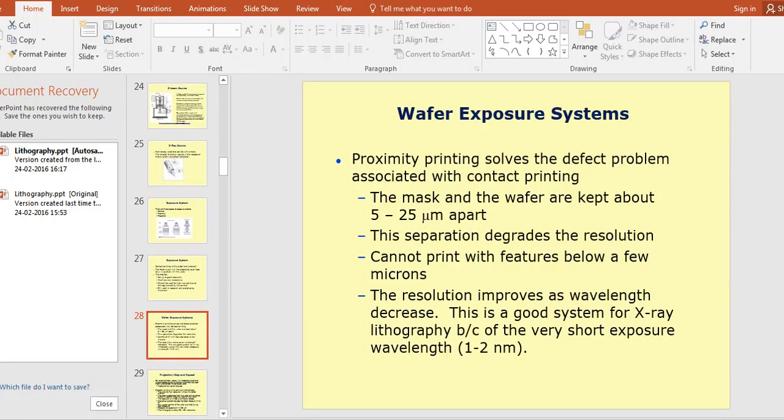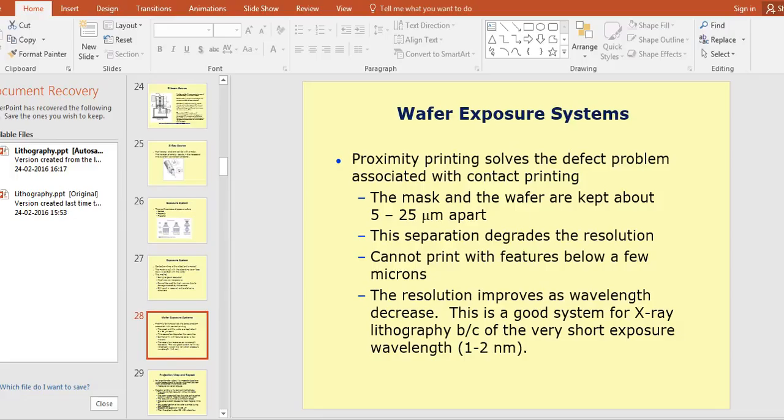So proximity printing, we have a gap between the mask and the wafer. The gap is about 5 to 25 micron, and this separation degrades the resolution. Why? The question arises why. When there is a gap and we make the light travel from the mask to the wafer, ray optics comes into picture, and we consider this monochromatic.